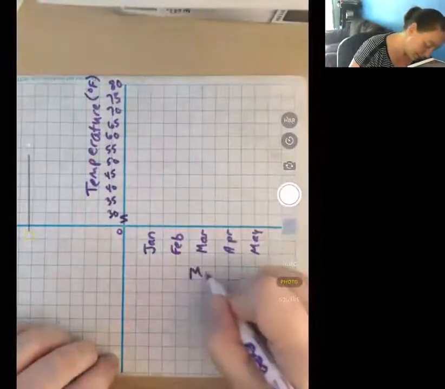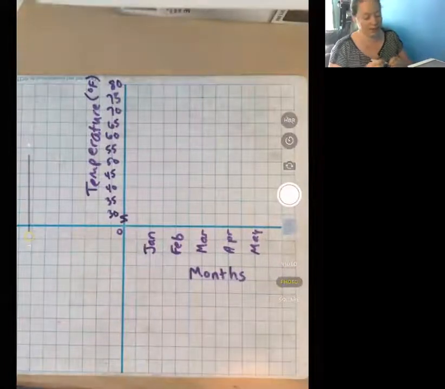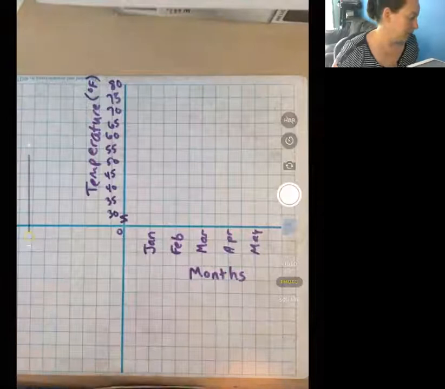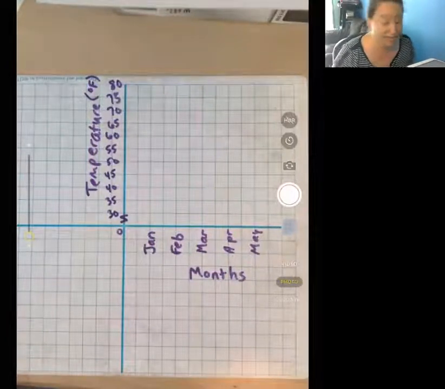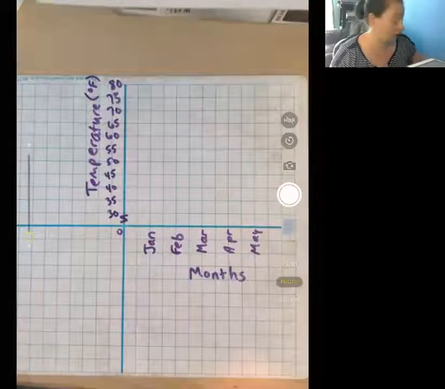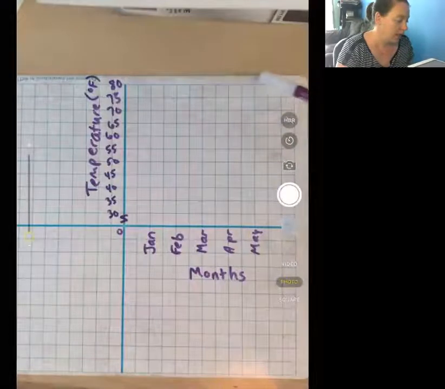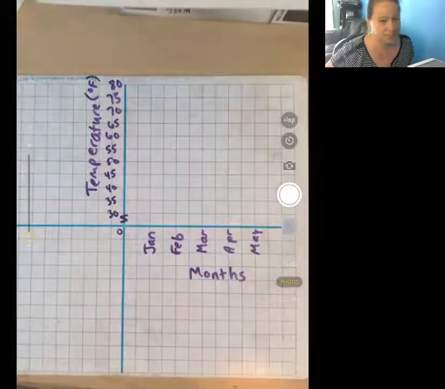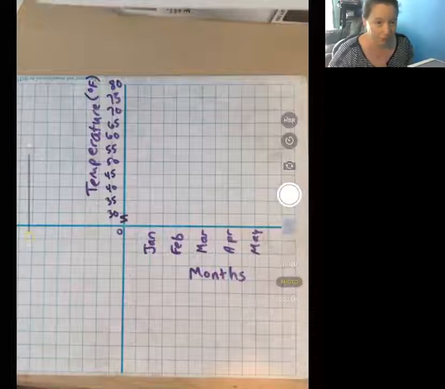And this is months. All right, so that's our labels. Oh, right. The title for this entire thing is literally the title of your table. So you write down average monthly temperature in Tupelo, Mississippi. That is literally our title for this particular graph.